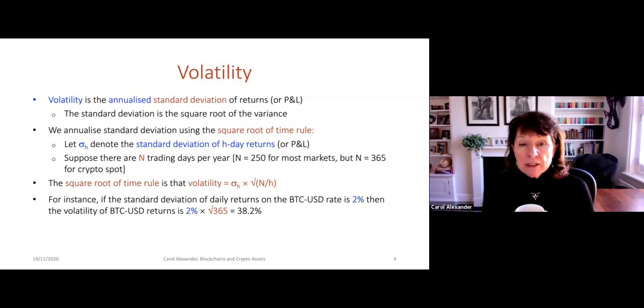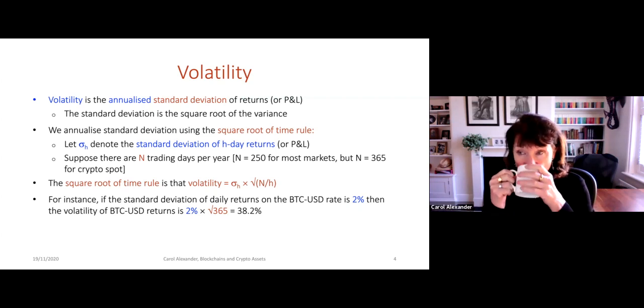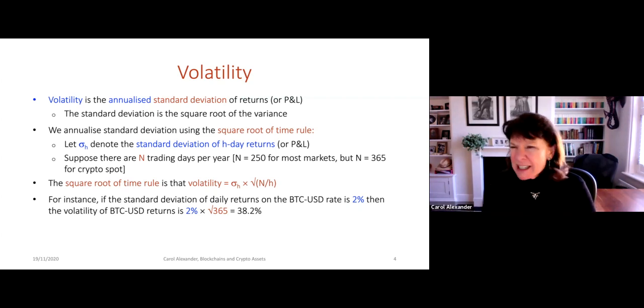So suppose that H is either 7 or 5, depending on what we're looking at. And suppose there are N trading days per year. So in gold or S&P 500, there are about 252 trading days. I say about 250 because it's an easy number. But for crypto markets, N is 365, or to be precise, 366 in a leap year, but let's forget about that.